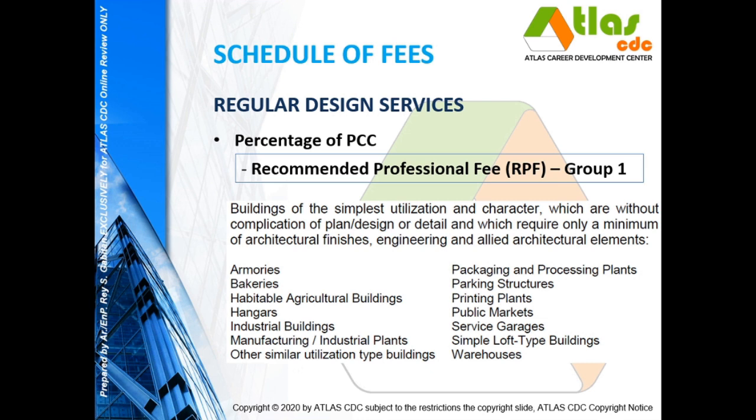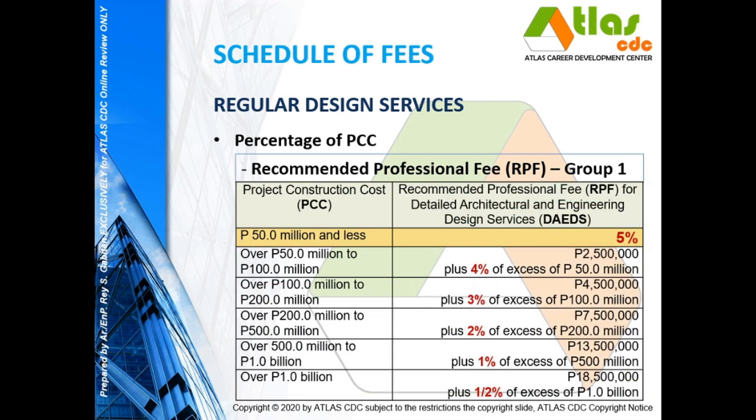Now, how much will be the recommended professional fee? This is the recommended professional fee, RPF, for group 1. If the service is the full or the detailed architectural engineering design services, or DAEDS, the recommended professional fee, if the project construction cost is 50 million or less, is at 5% of the project construction cost.